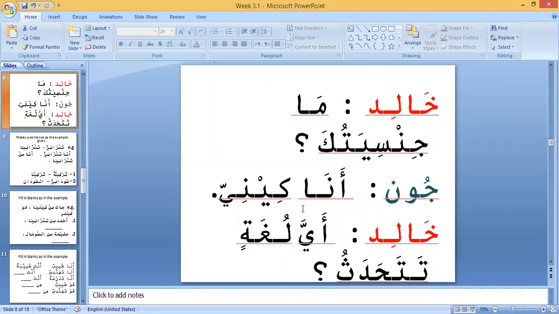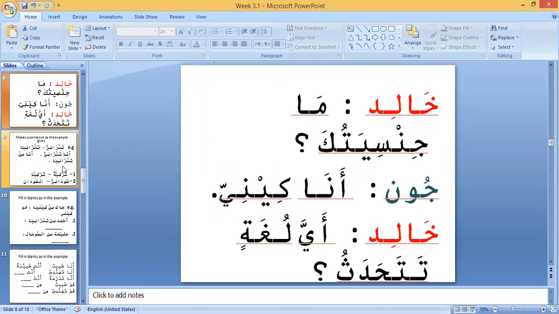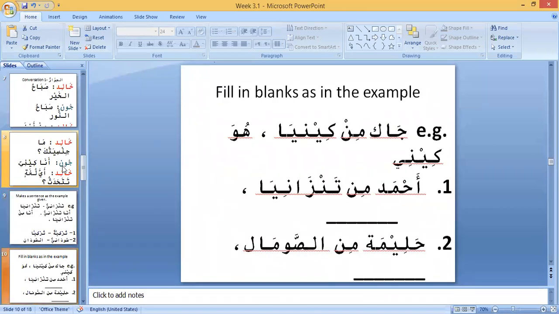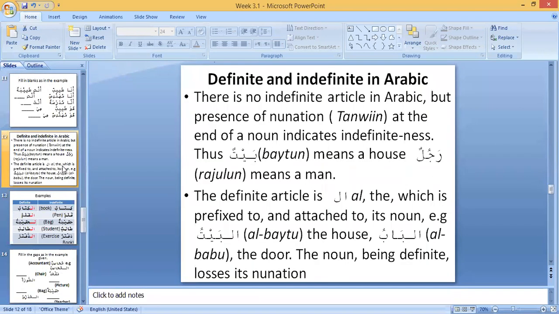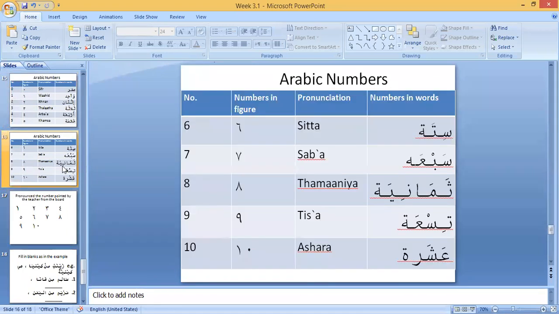So make sure you read, you rewrite these sentences, and you also do all the assignments, all the exercises that are in this conversation. I will email it right away to the class chair. All this we verbally answered. You also answer them in your exercise book. So is that in order?